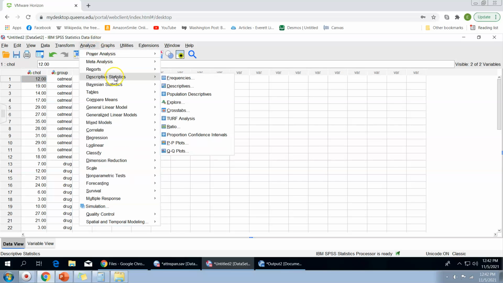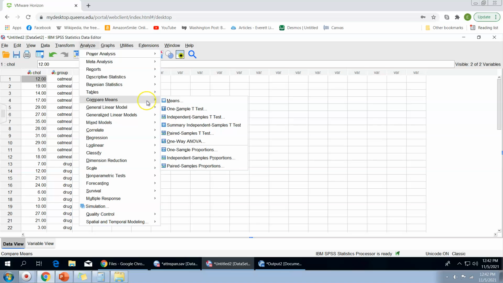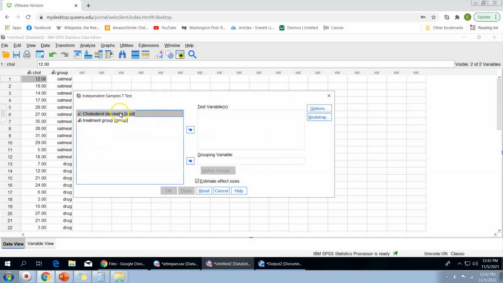So we're going to do just like we did before. This is going to be compare means, independent samples t-test, and our test variable, and you've got to remember the difference here. The test variable is the thing we want to compare. So this is going to be our numeric variable.